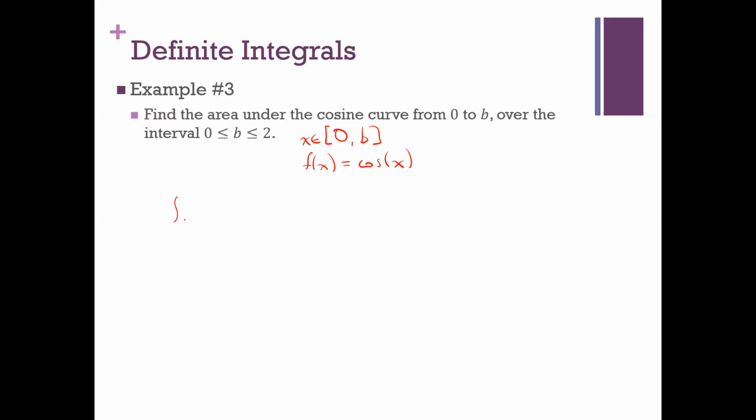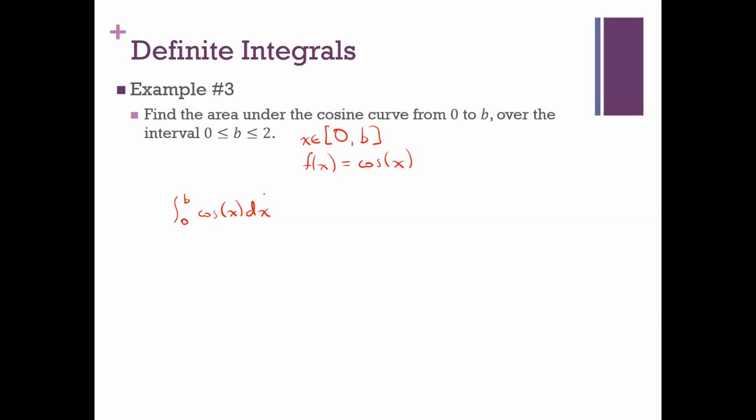I'm going to integrate from 0 to b. We know the function we're going to integrate, cosine of x. We know we're going to integrate with respect to x. So I think our setup for our integral only depends on those two things. We want to know the limits of integration, so what's the interval we're integrating on? And you need to know the function that you are integrating.